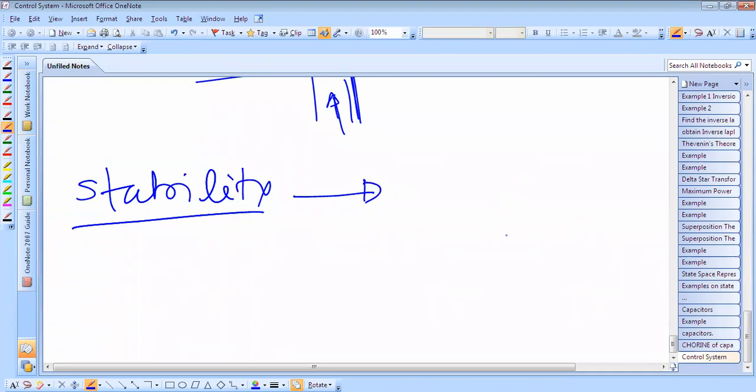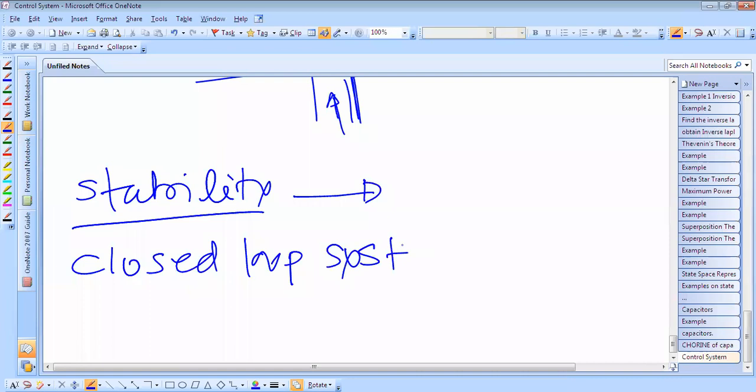On the other hand, the stability is a major problem in the closed loop control system, because we are taking the output and comparing it with the reference input, and therefore an error signal is generated and given to the actuator. While doing so, the stability of the system may be lost, and again we have to stabilize the system. So that is the disadvantage of the closed loop control system, means the stability problem is there.